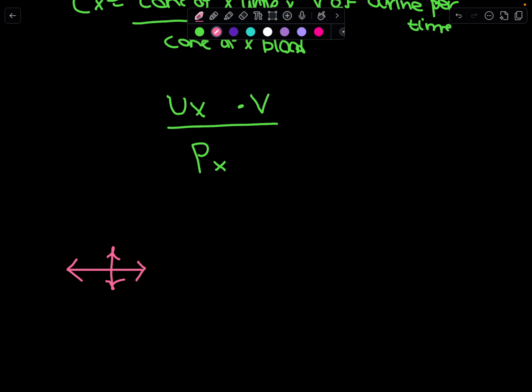And why does using the equation U creatinine times volume over plasma creatinine give us an overestimate? Is it because creatinine is filtered in the glomerulus, but also some of it is secreted? And if yes, then tell us more about it. And tell us how these two errors cancel out each other.